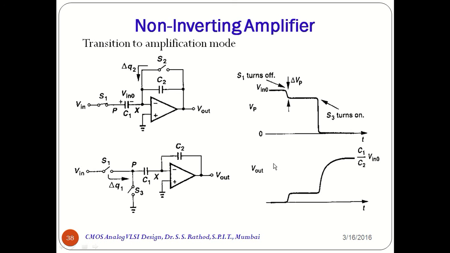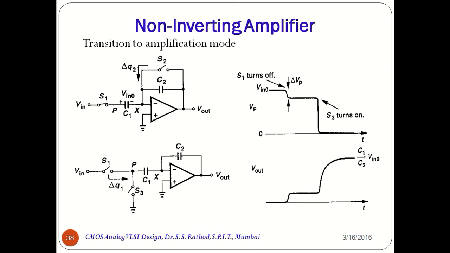It produces an overall change in the output voltage, which is equal to Vin0 C1 by C2. The key point here is that Vp goes from a fixed voltage V0 to 0 with an intermediate perturbation due to S1. Since the output voltage of interest is measured after the node P is connected to ground, the charge injected by S1 does not affect the final output.